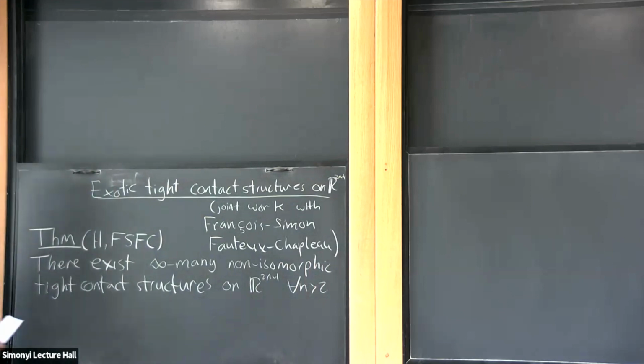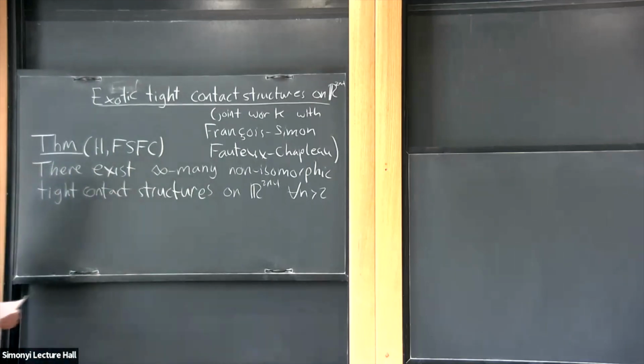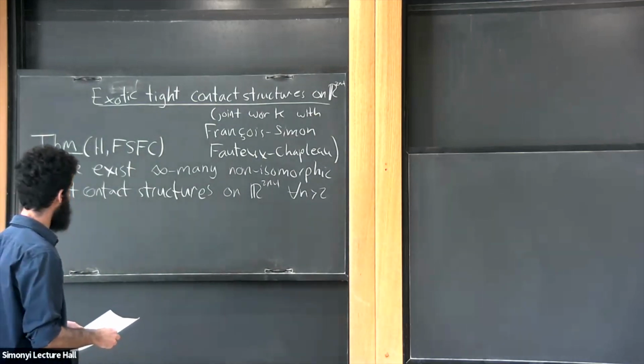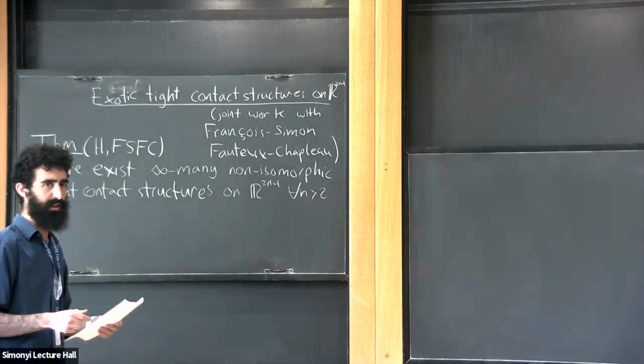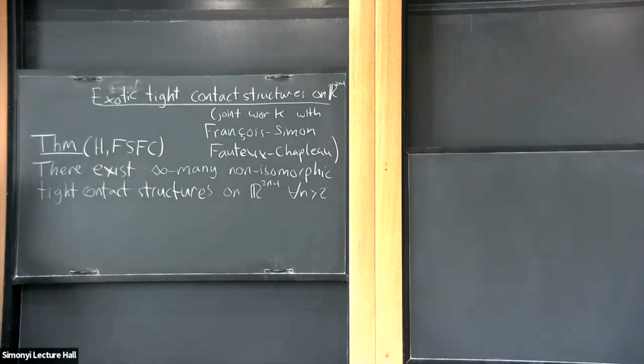So starting in R^5. And so I'll assume some basic familiarity with contact geometry, contact structures and whatnot. But I'm very happy to answer any questions if anyone wants to ask about anything at all.